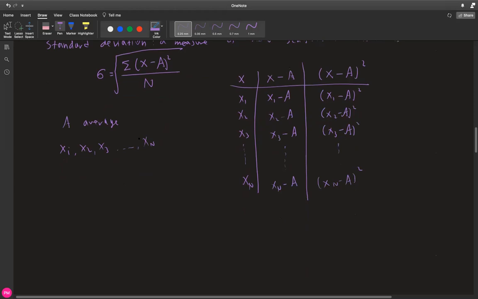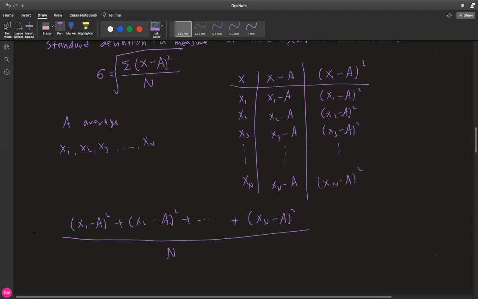What you're doing is the sum of all these things. So you're simply doing x1 minus A squared plus x2 minus A squared plus all the way up to xn minus A squared. And simply you're dividing this by the number of the data or the size of the data set.